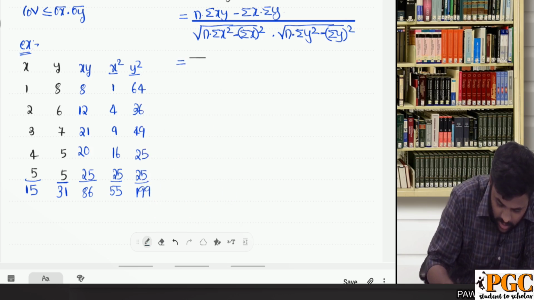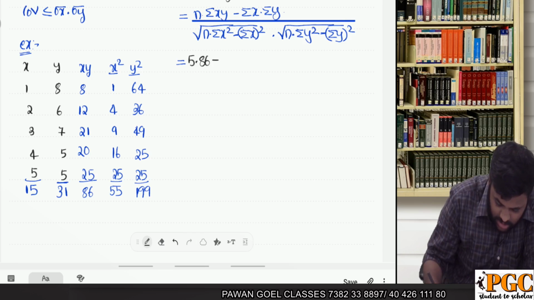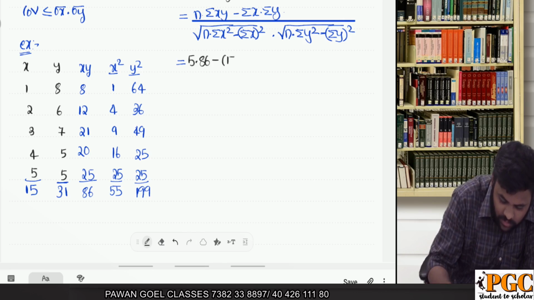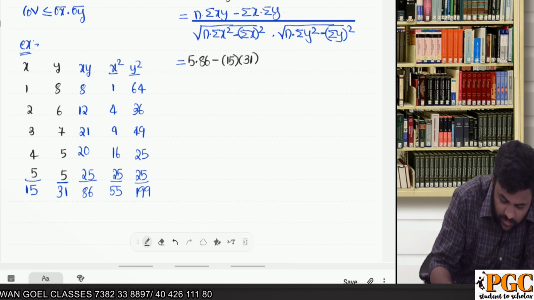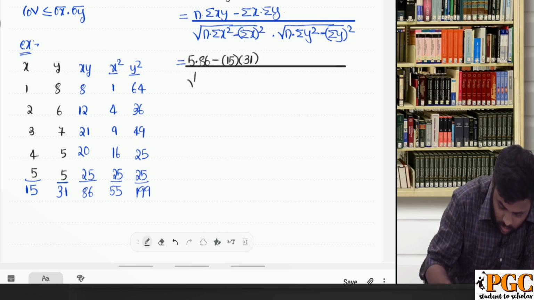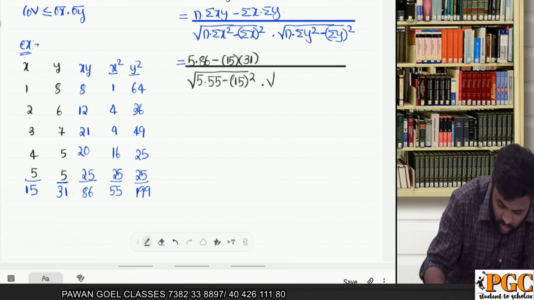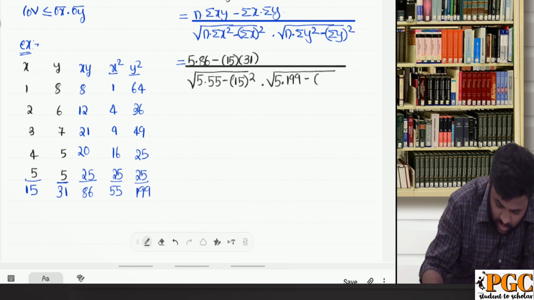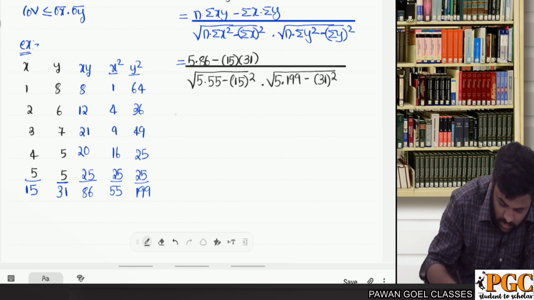Now my dear friends, let us substitute all these values in our formula and let us get the answer. So n is 5. Summation of xy is 86. Summation of x into summation of y, 15 into 31, whole divided by root of n is 5, summation of x square is 55 minus summation of x whole square, 15 whole square, into root of n into 5 into summation of y square 199 minus summation of y whole square, 31 whole square.